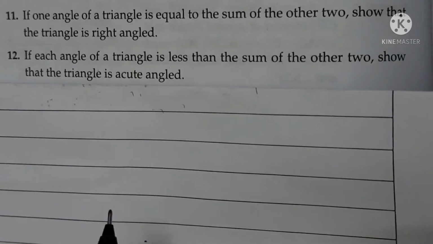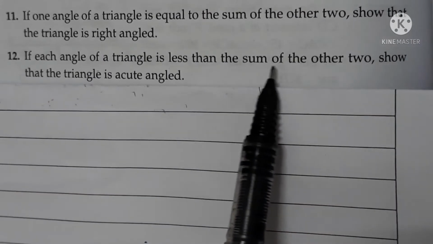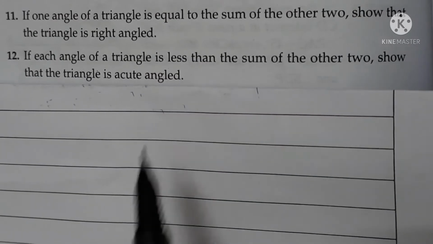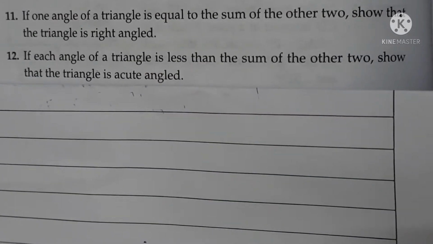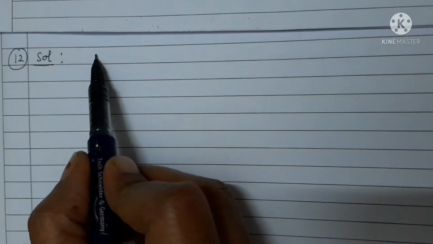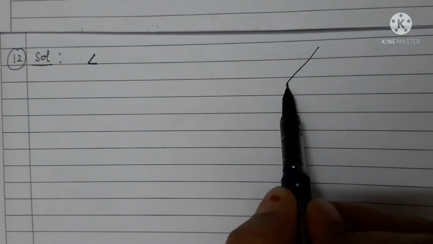Next question, number 12. If each angle of a triangle is less than the sum of the other two, show that the triangle is acute angled. Let's see the solution. In this question, each angle is less than the sum of the other two. It means in a triangle, angles ABC are given.